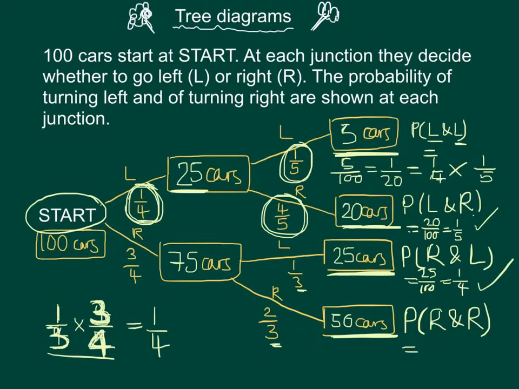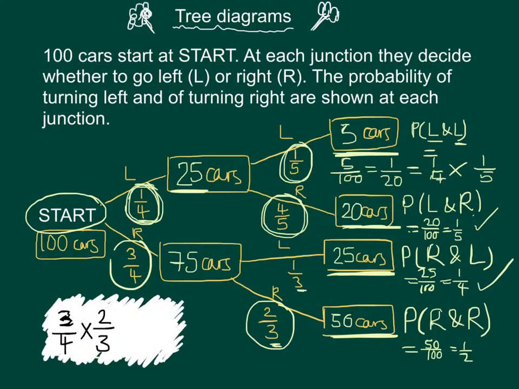And on our last one we've got 50 out of 100, which simplifies to 1/2, and the probabilities we're looking at now are 3/4 and then 2/3. If we multiply those together, 3/4 times 2/3, we can see the 3's are going to cancel and we'll be left with 2/4, which is indeed a half. So again, this works, we're just multiplying one branch of the probability tree diagram after the other.